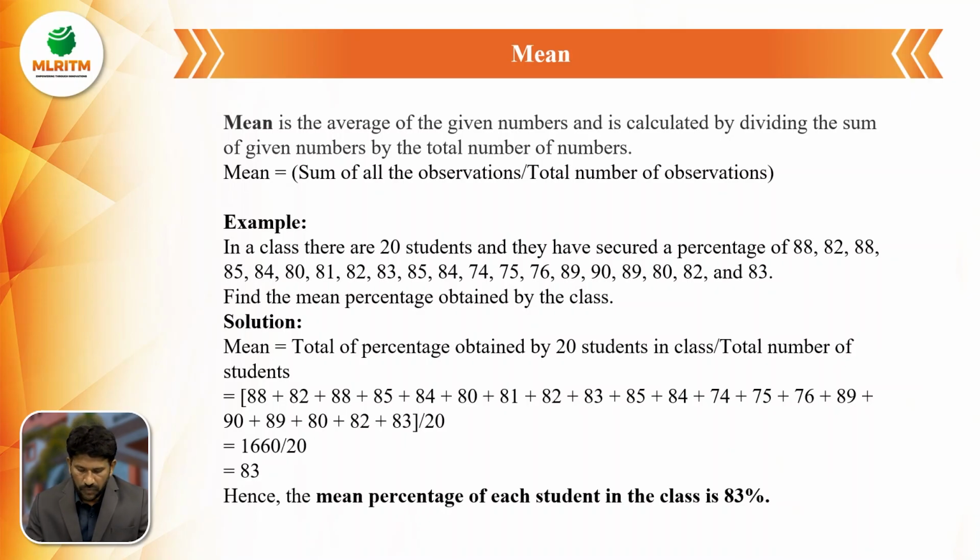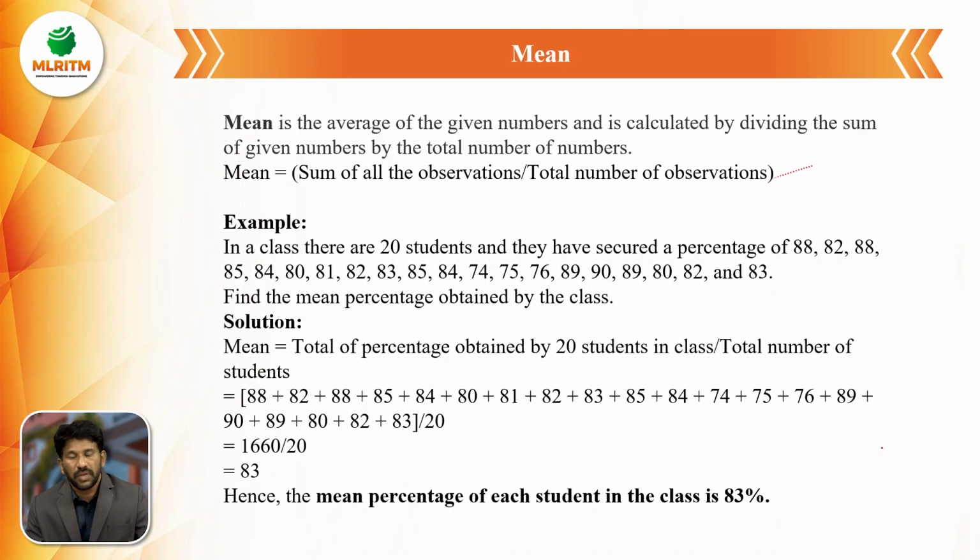For example, in our classroom there are 20 students. How do we calculate the average of the 20 students? First, you have to take the sum of all the observations, the total of all 20 students: 88 plus 82 plus 88, 85, and so on.